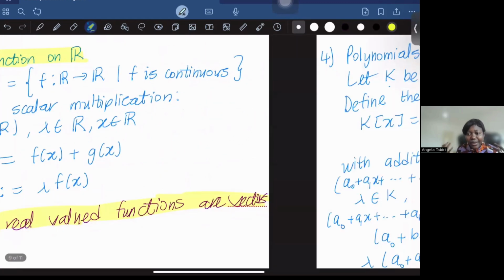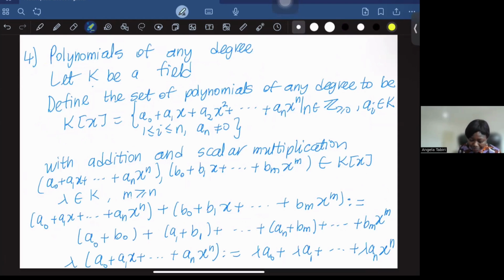Now, if you consider polynomials of any degree, what do we mean by a polynomial? We are still considering K to be a field, and you define a set where you pick a scalar, plus a scalar times the variable x, plus a scalar times x squared, quadratic, cubic, and you go on and on to the n-th power, for any non-negative integer n, with your coefficients coming from the field.